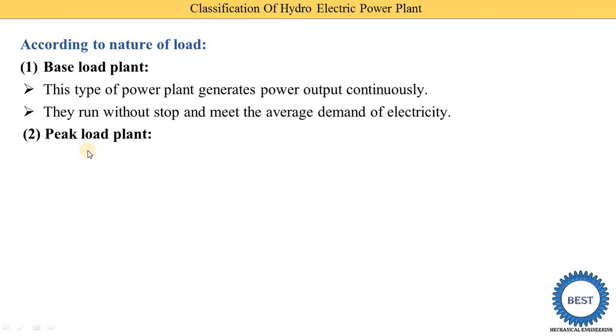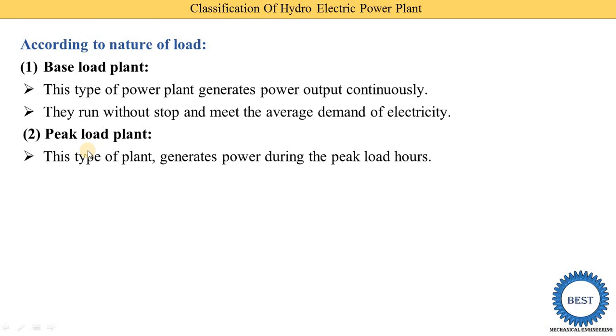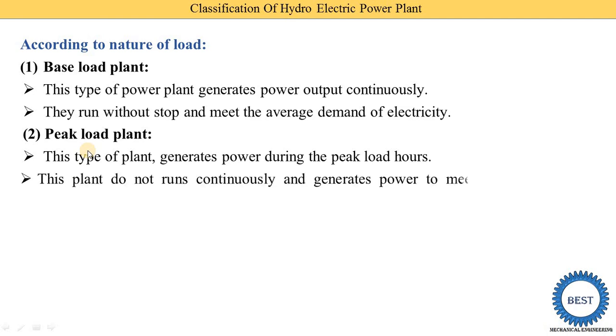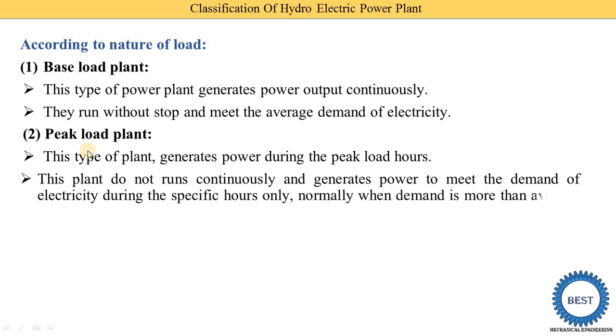Second one is the peak load plant. This type of plant generates power during the peak load hours. Means when the electricity demand increases from the average demand, at that time the plant is started, then it is called a peak load plant. These plants do not run continuously, but they are started when the demand increases above the average demand.